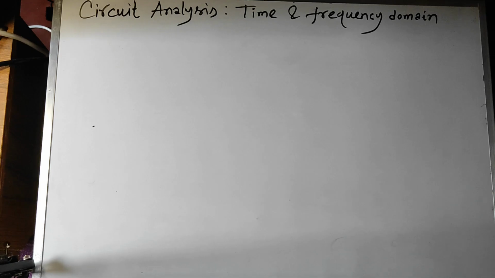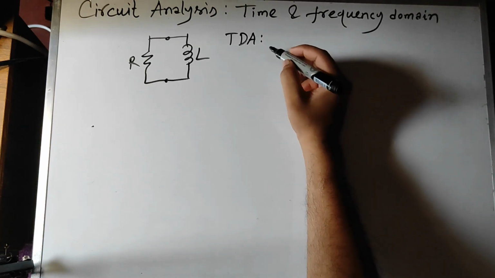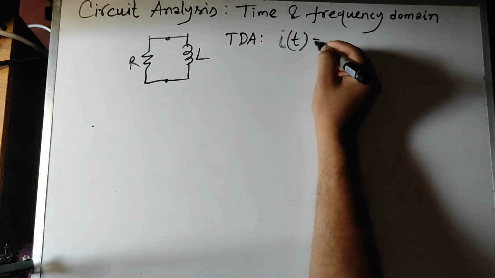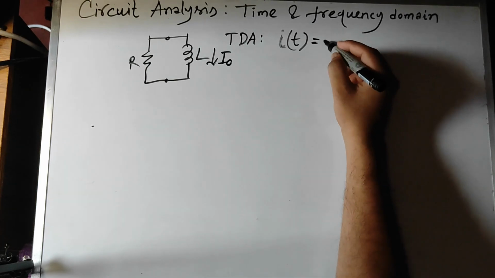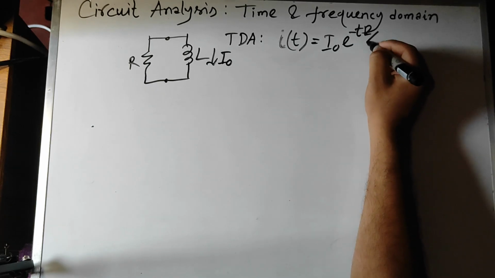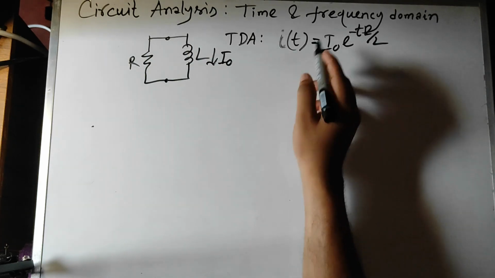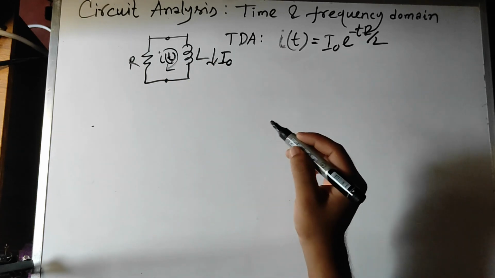In the previous video, I talked about source-free RL circuit analysis. Source-free in time domain, we got the response I(t) equals, for initial current in the inductor, I0 e to the power minus tR by L. This was the circuit response, the loop current, you may say I(t).